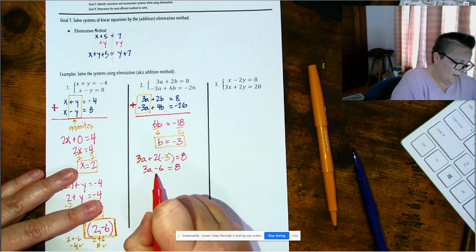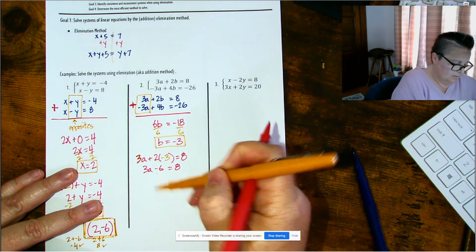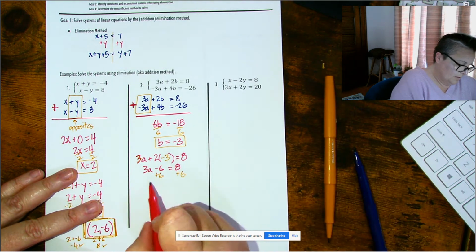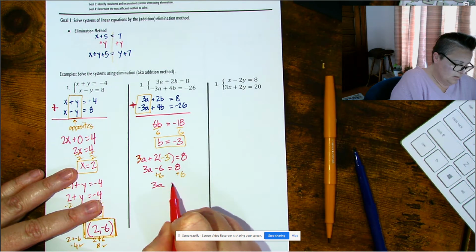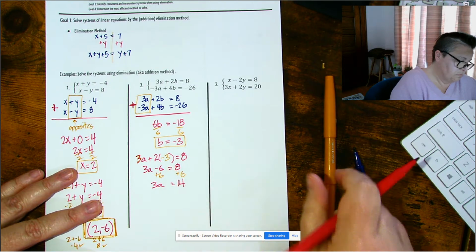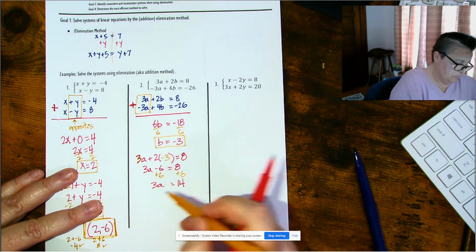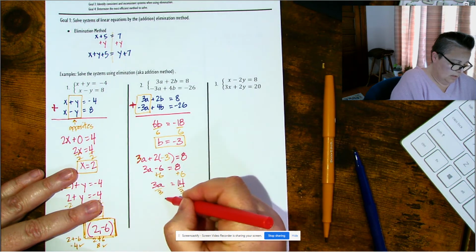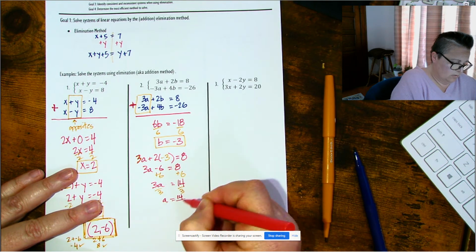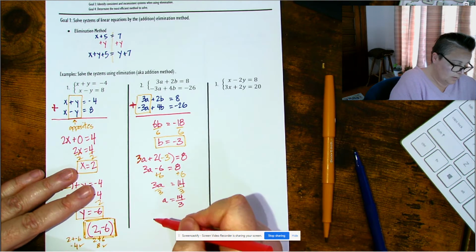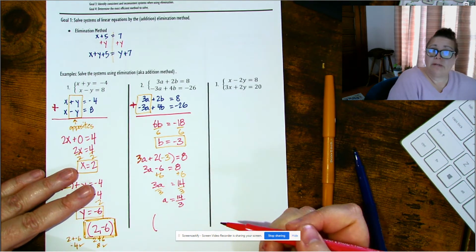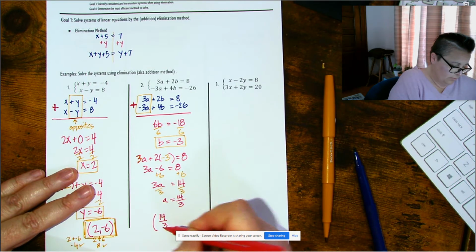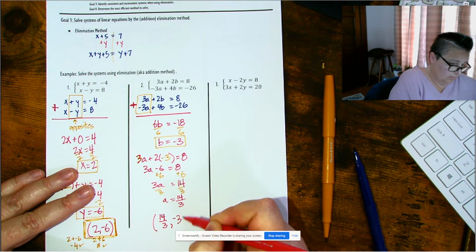Now I'm going to add 6 to both sides. That gives me 3a is equal to 14. Dividing by 3, I get a is 14 over 3. It's not a good fraction, but it's still an answer. I believe I have an answer of (14/3, -3).